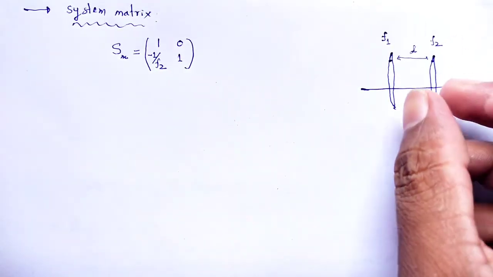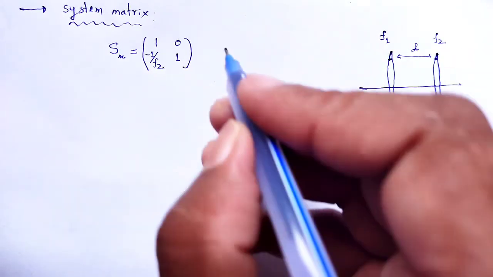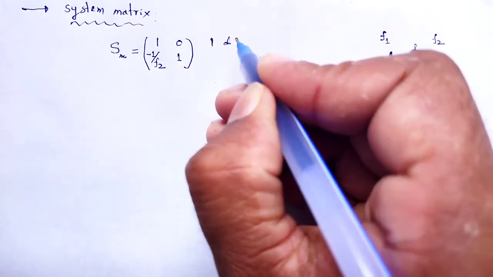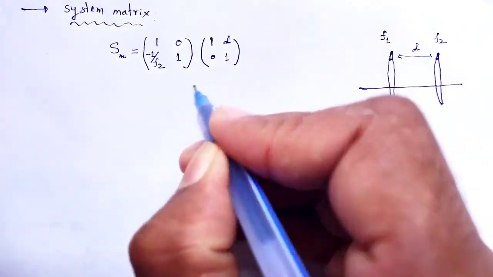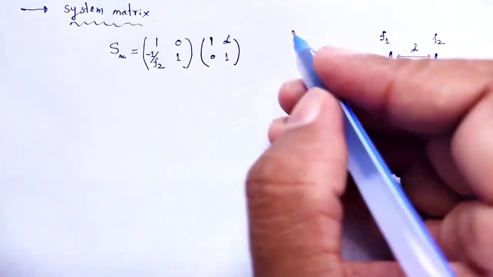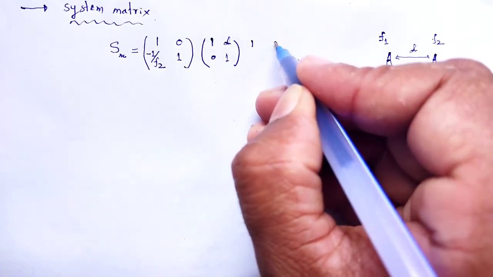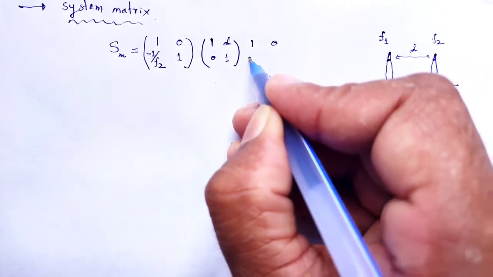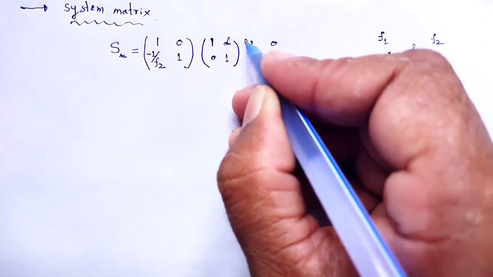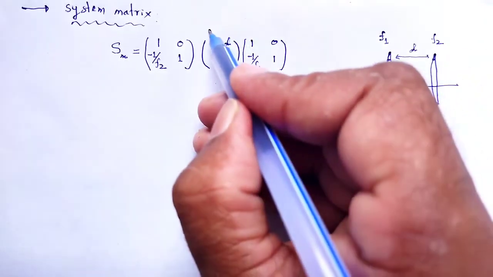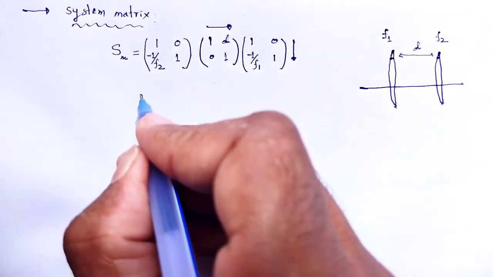Here translation, the thickness distance being d, therefore for translation the matrix is [1 d; 0 1]. Again for refraction it will be [1 0; minus 1 by f1 1]. Now we use matrix multiplication like this.